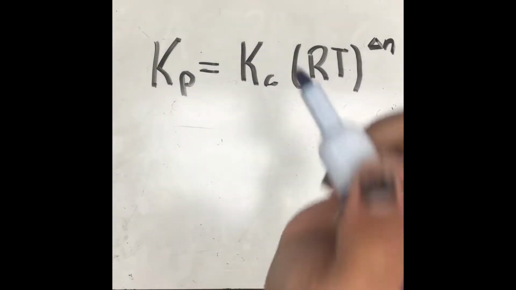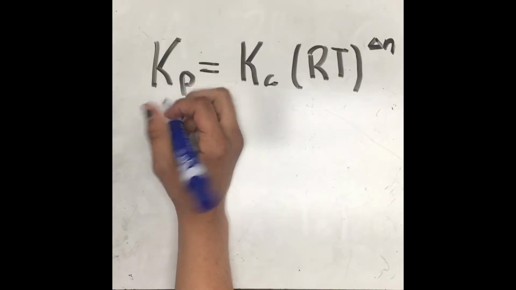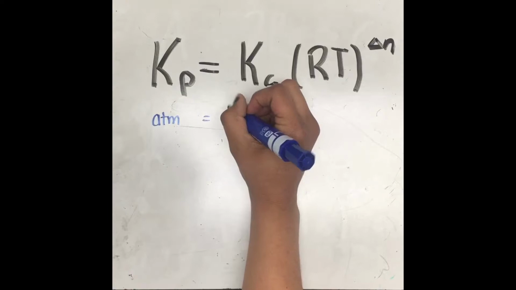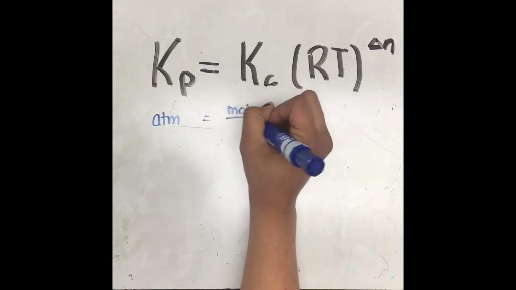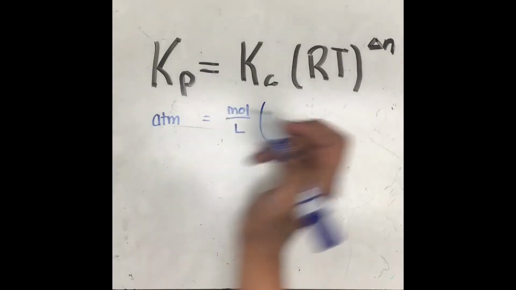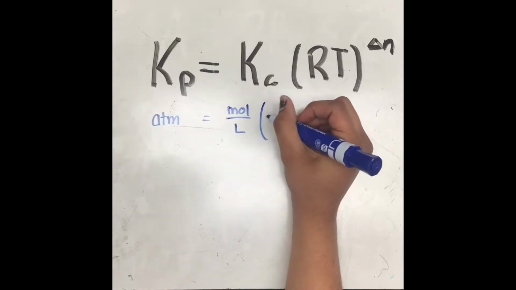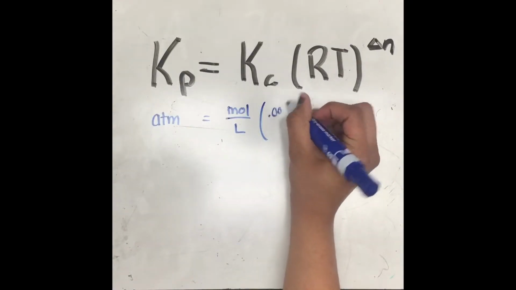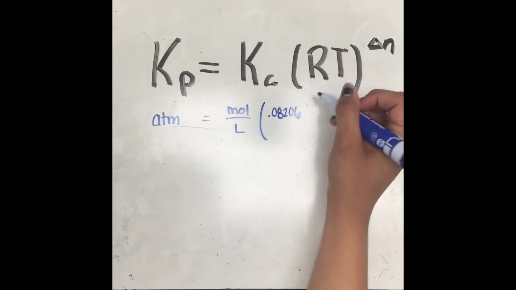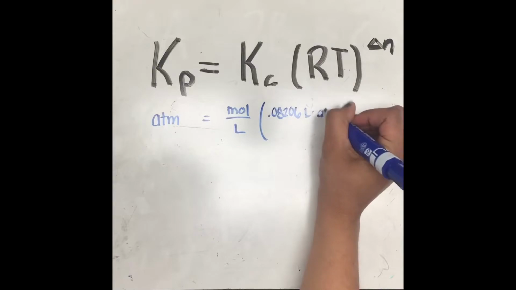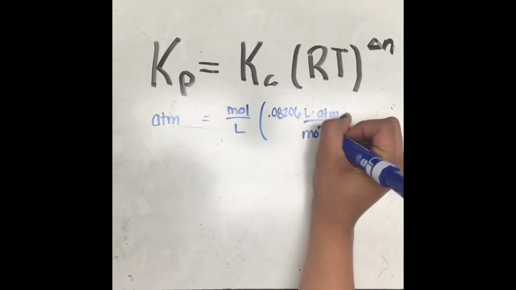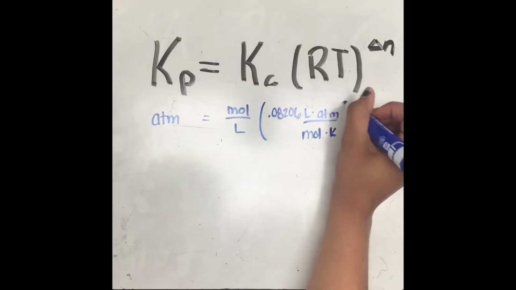So the formula that we use, KP, is in ATM, and then KC is molarity, which is also written as moles per liter. And then we have our constant, which we find on our green formula sheet, which is 0.08206 liters times ATM over moles times Kelvin.